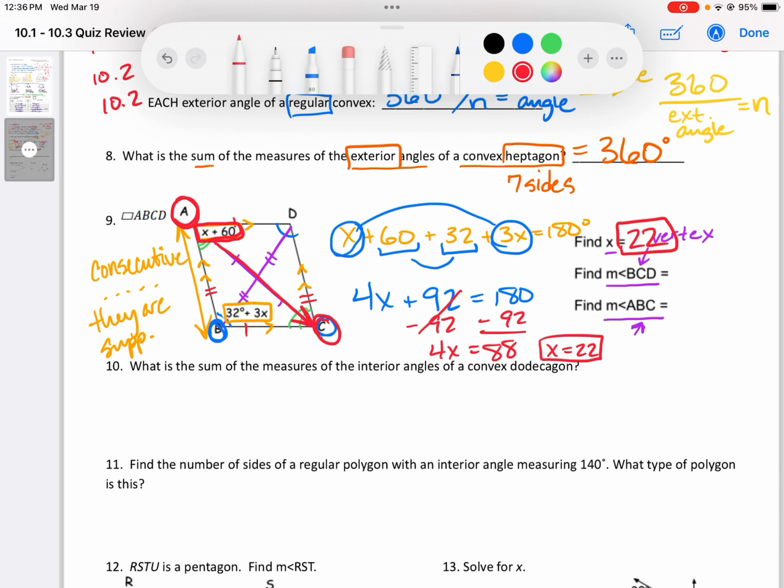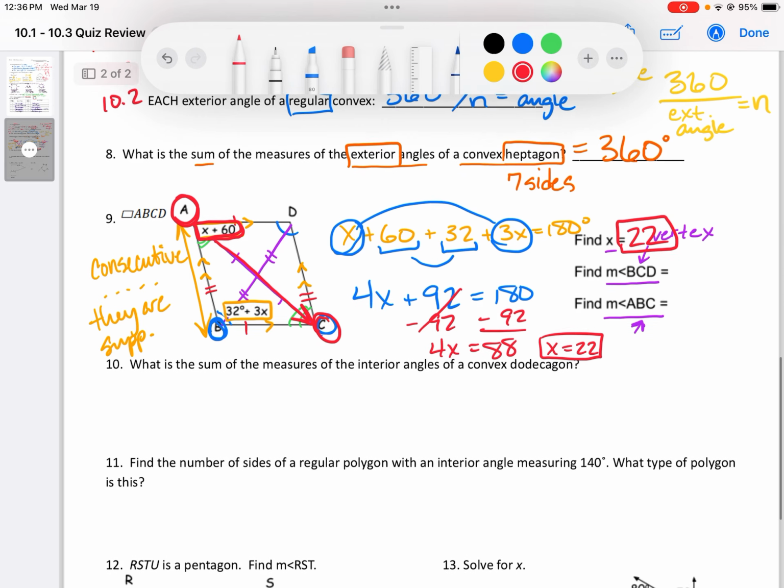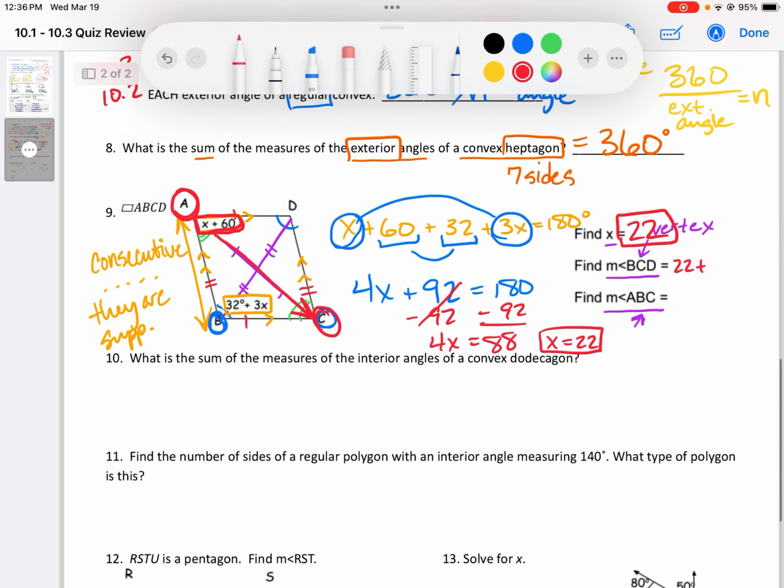And angles that are across from each other in a parallelogram are congruent. So if I do 22 plus 60 and I get 82, that's my measure for A, and it's my measure for angle C.